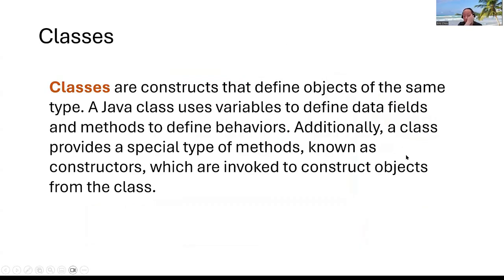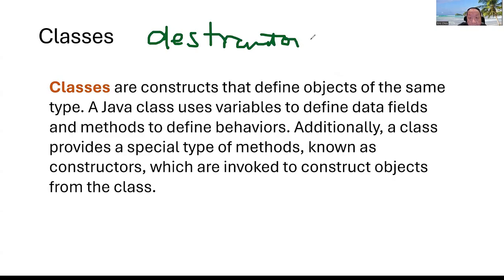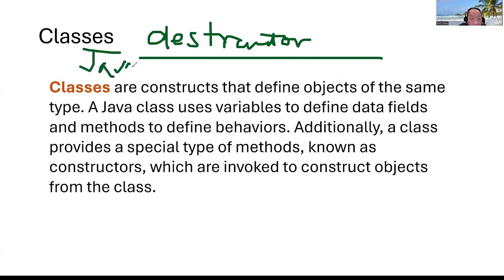So a class is a template, and constructors are used to construct the objects. When you build the object, you use the constructor to build it. And in C and C++, there's also something called a destructor. When you finish using the object, you can delete it. That's called a destructor. But Java doesn't have a destructor.